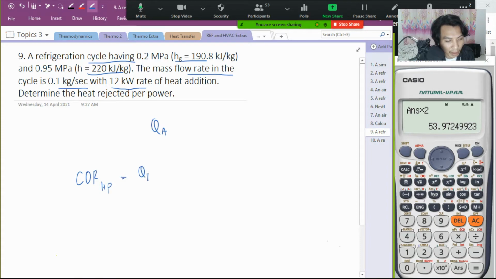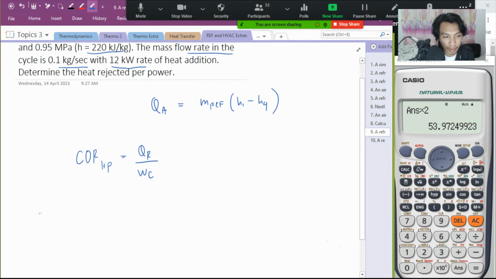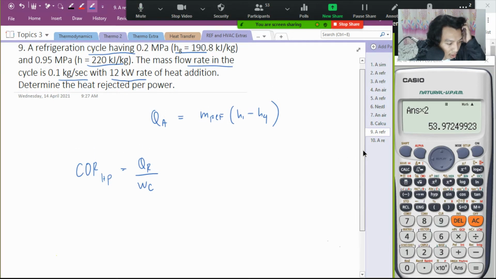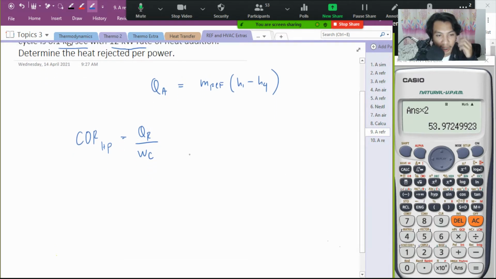So, ang hinahanap dito is COP nung heat pump. That is QR over work of the compressor. QA is given. So, meron kang MREF multiplied to H1 minus H4. Okay? Hanapin mo muna itong MREF. O, di COP, tapos meron ka bang work ng compressor dyan? Wala rin. Wala ka ring work ng compressor. So, isa-isahin natin. QR, work, COP.